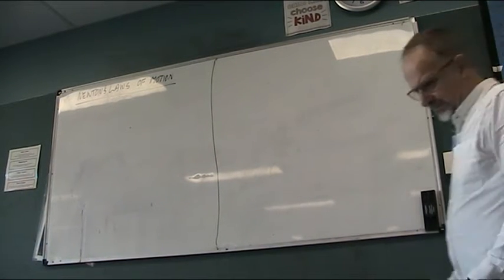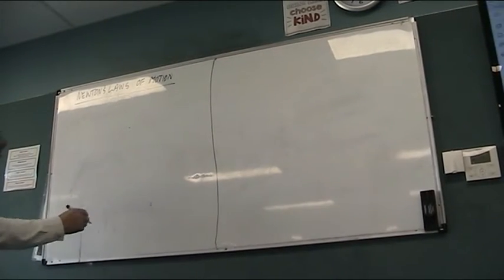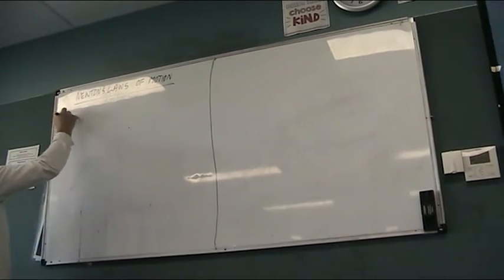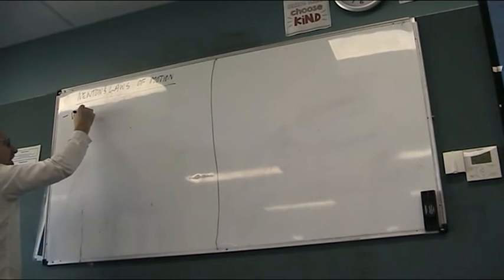Alright, so today we have Newton's laws of motion plus a few other bits and pieces. So first thing, before we get to Newton's laws themselves, this thing called weight.